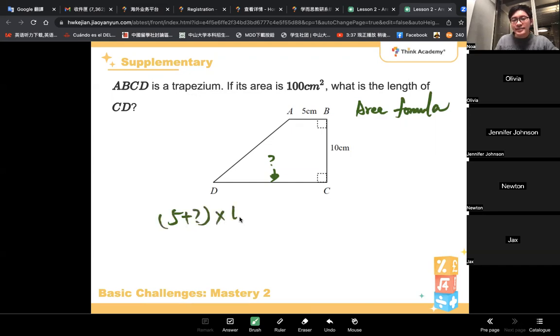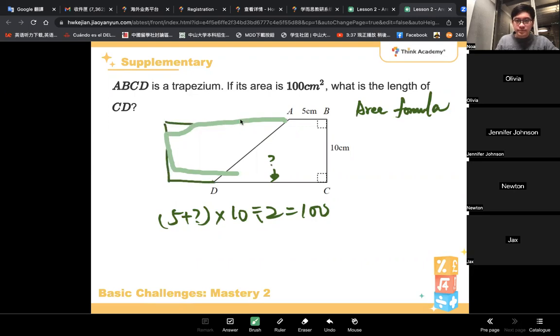Together, they times the height divided by 2 is the area. Or you can draw it too. But you have to remember the formula we taught in class. This is actually the same. Why? Because what we did is just to multiply the area by 2 on both sides.